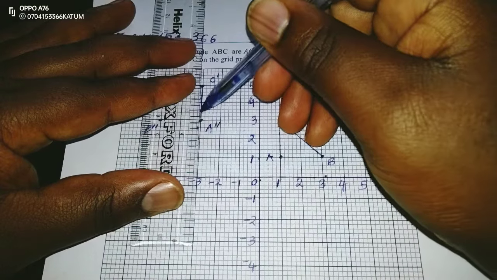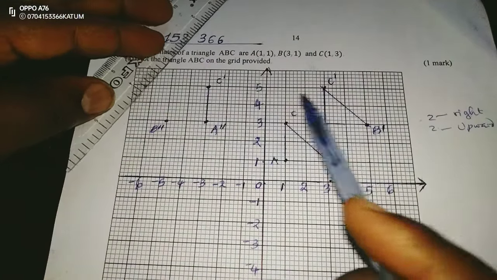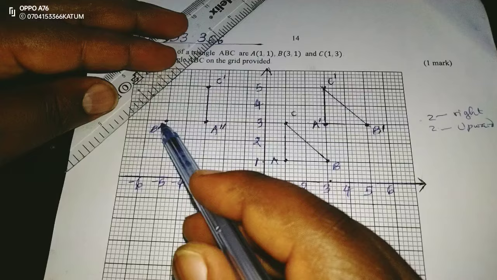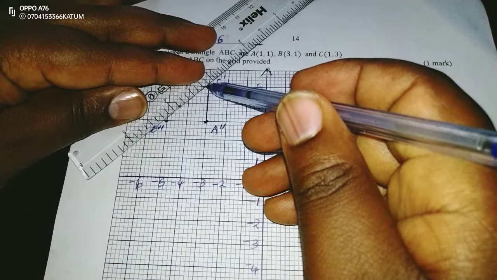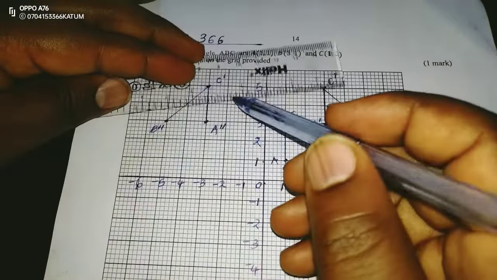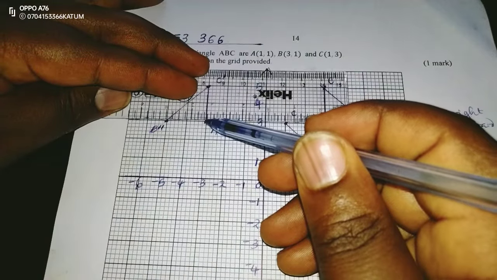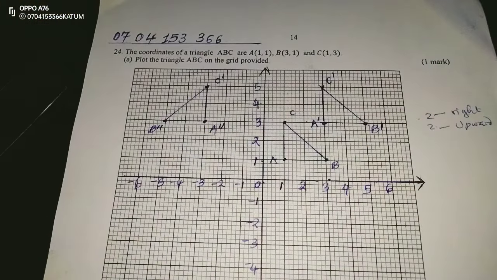So if B is the farthest from the mirror line, B'' should also be the farthest. That is how we reflect when the line is vertical. Yes, that is now the image.